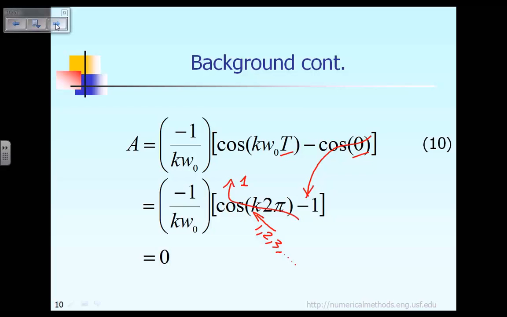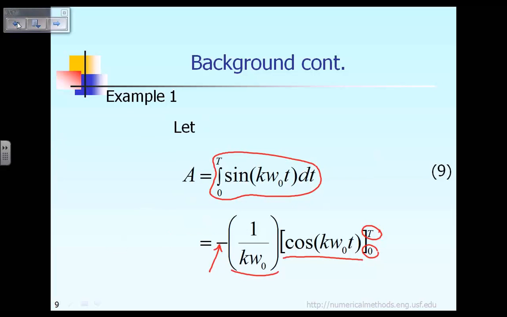Because of that, A is equal to 0. In other words, the integral of sin k omega naught t dt between 0 and T is equal to 0. This is the one that I stated earlier, and now I have proved it through example 1.